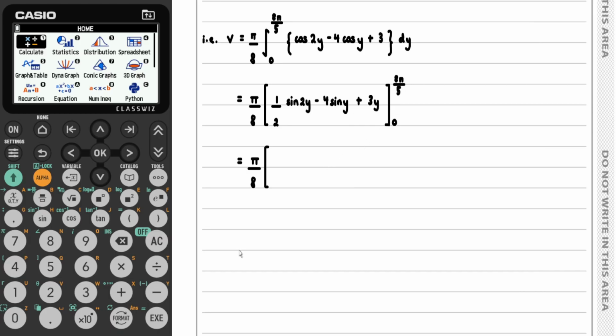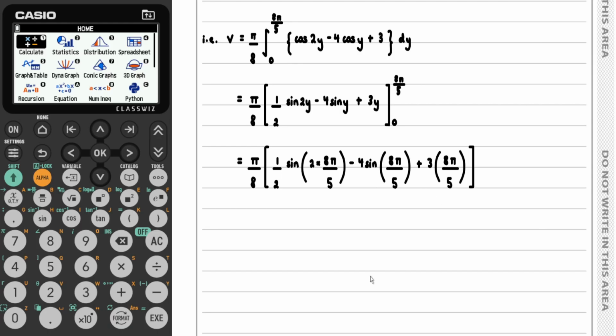So I've got pi over 8 times by, now here I've got half times by sine of 2 times by 8 pi over 5, subtract 4 times by the sine of 8 pi over 5, plus 3 times by 8 pi over 5. So let's work this out using our calculator.